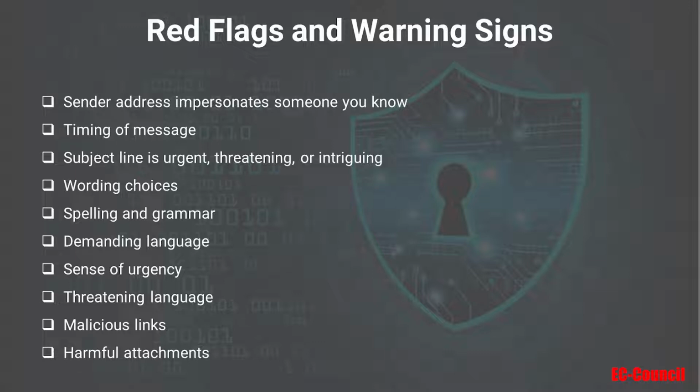Subject lines are used to summarize emails and convince you to open them. Spear phishing emails frequently use threatening language, a sense of urgency, some type of offer, or just intriguing language. If the subject line seems like it's desperately reeling you in, be cautious. Typical phishing emails are notoriously worded in odd ways.